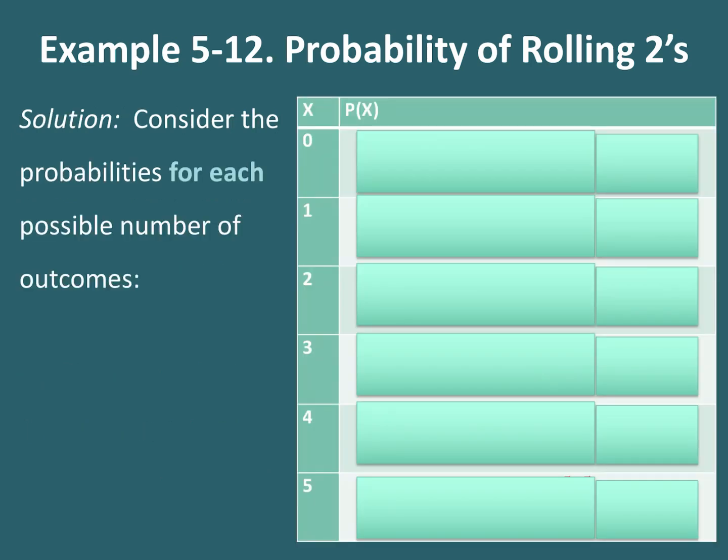Before we get into it, though, it would be wise to create a table of probabilities. Do this every time you perform a binomial experiment. First, the probability that we do not roll a 2 at all. Now recall, we are rolling the die 5 times.